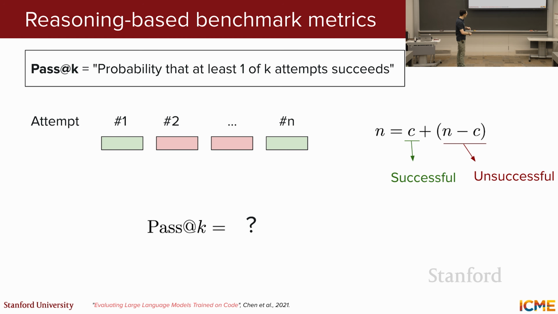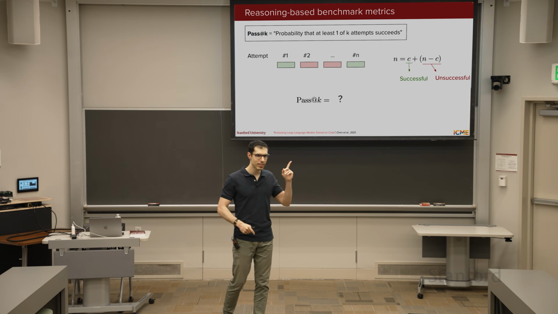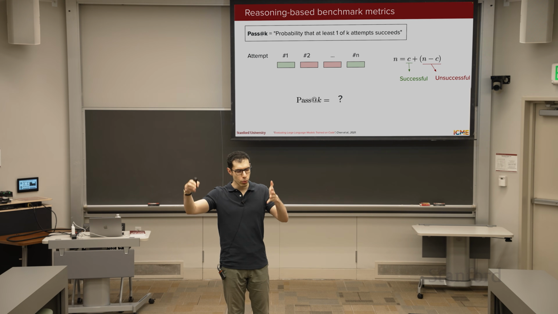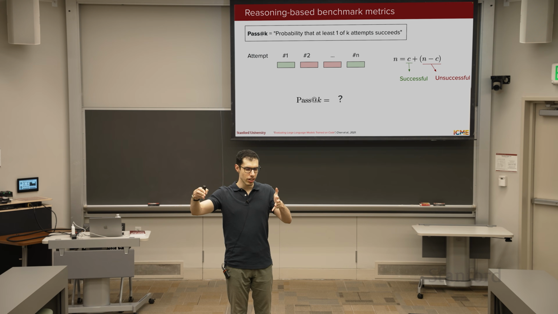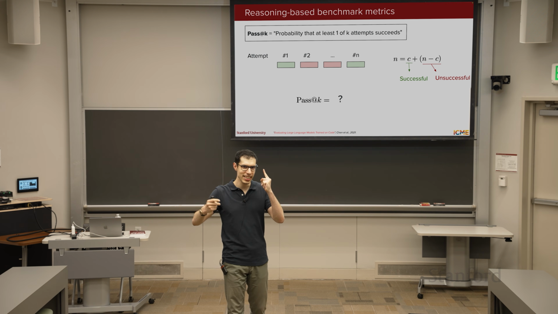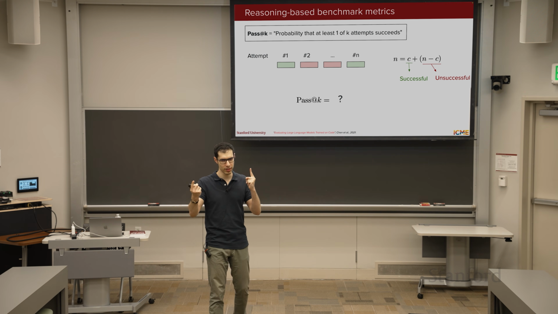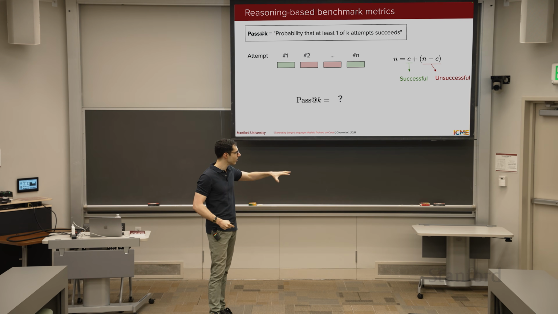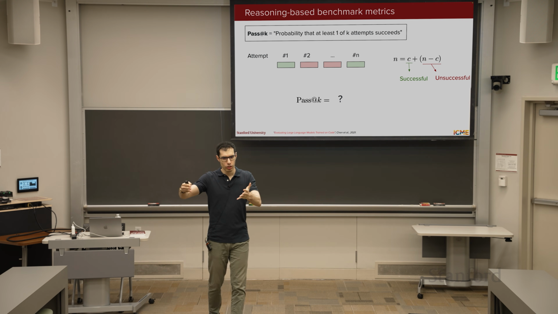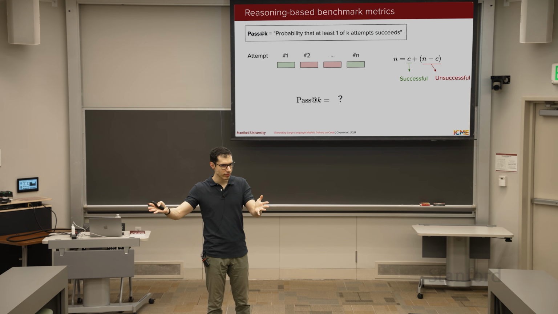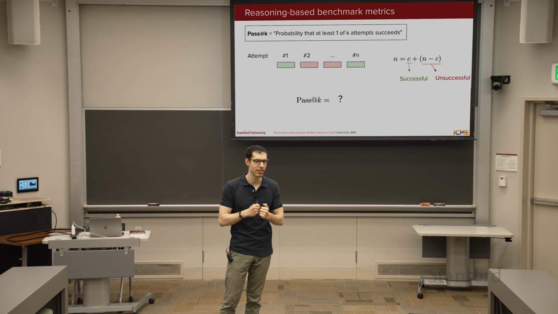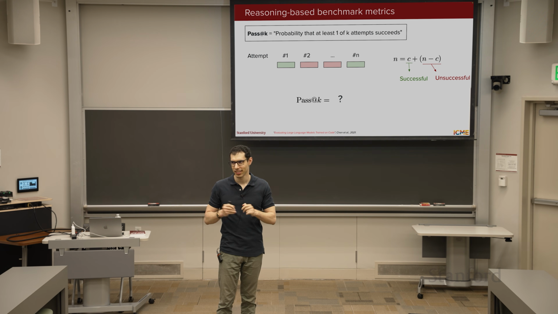And the question here that you ask yourself is, out of these n attempts, you want to quantify the probability of having at least 1 out of k attempts that is right. So if you have those n observations, if you were to select, let's say, k, what is the probability of having at least 1 of those k passing? That's the question.